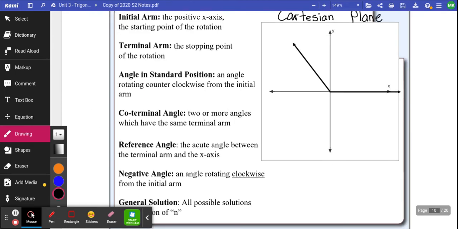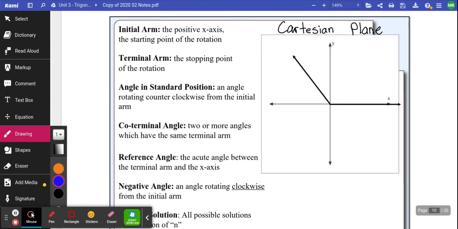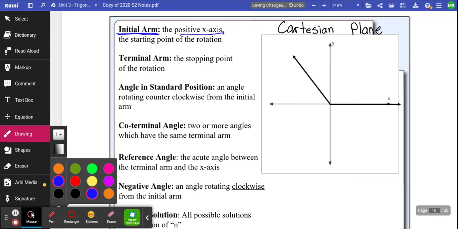Initial arm. The initial arm is where you start your measurements of angles. It's always the x-axis. So the initial arm is this thing right here, the positive x-axis. It's where you start all of your angle measurements unless otherwise told. Your terminal arm is where you're going to measure angles to.